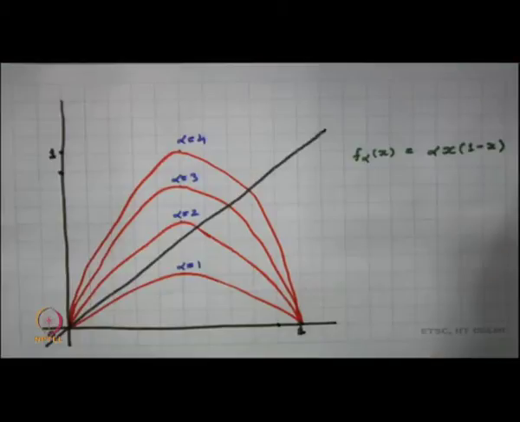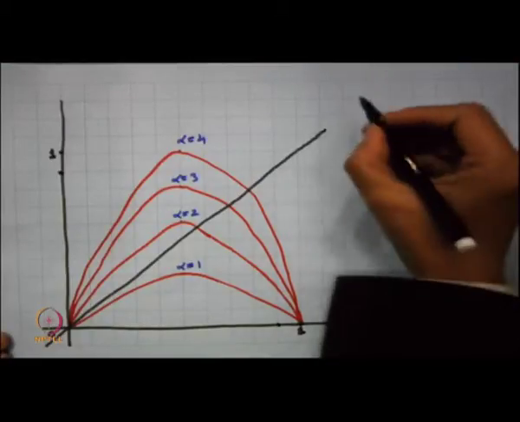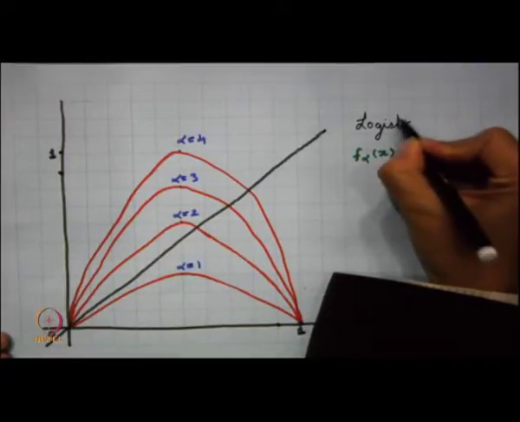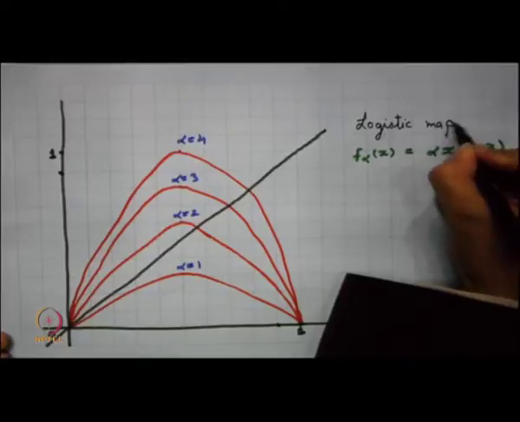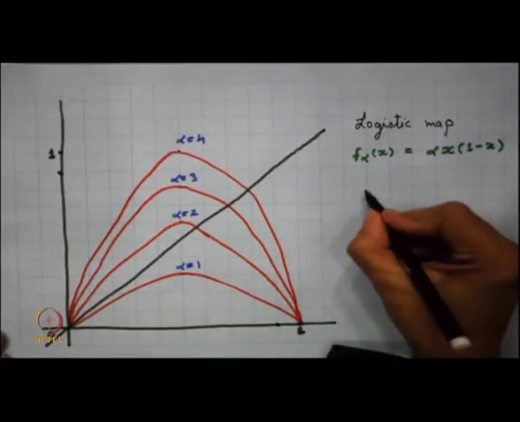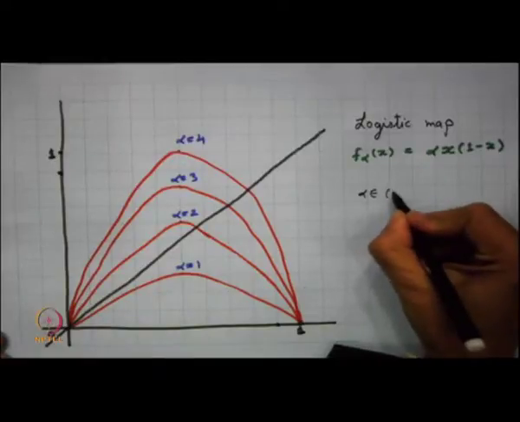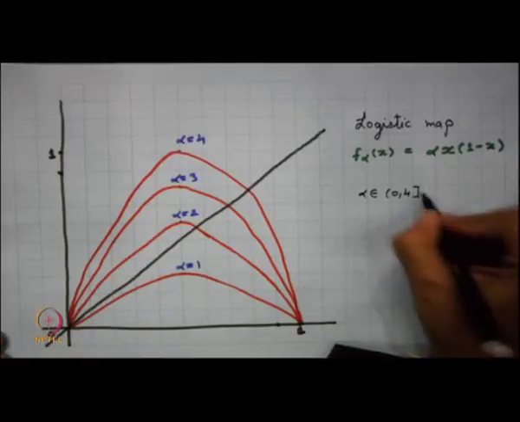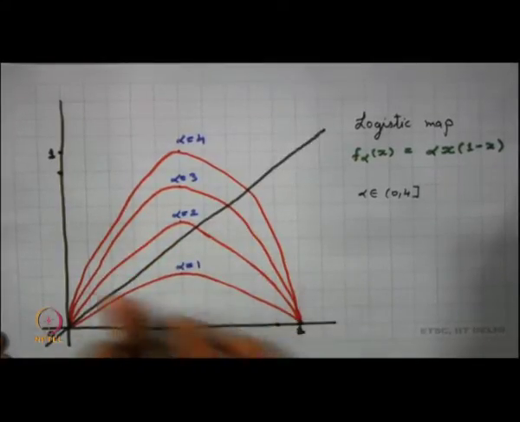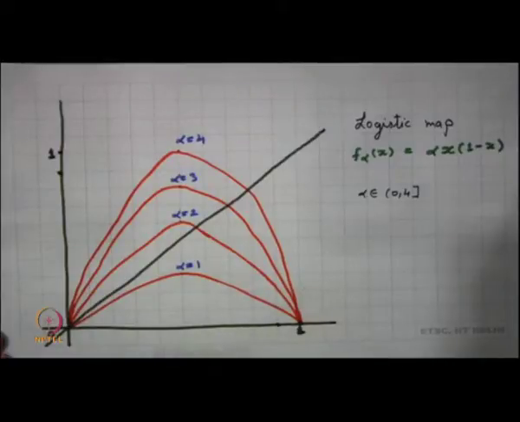Maybe this is the graph that we have of the logistic map, and we want to study this for various alpha belonging to 0 to 4. When alpha equals 1 we have this curve, when alpha equals 2 we have this curve, alpha equals 3 we have this curve, alpha equals 4 we have this curve.